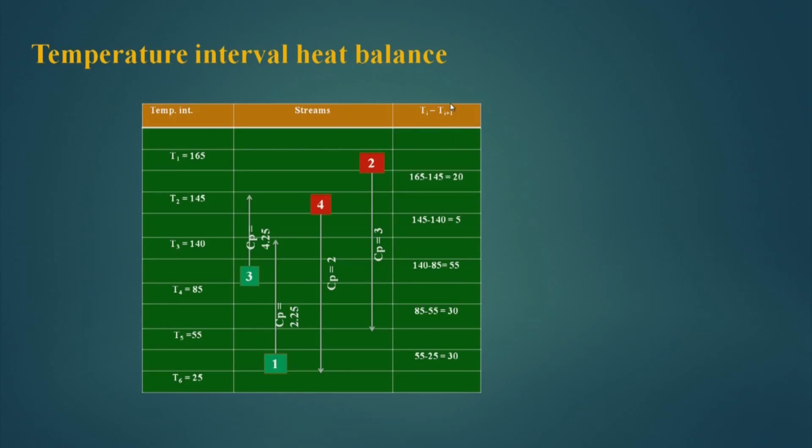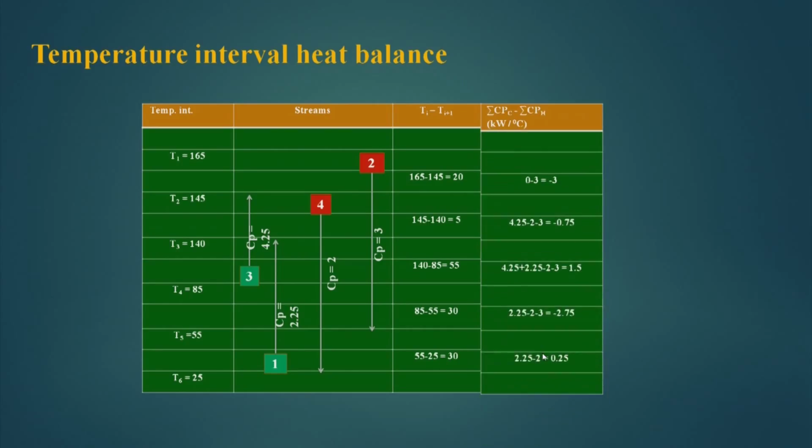So, the delta T temperature interval, the delta T is 20 for this case, 5, this case 55, this case 30 and this case 30. So, summation CPC minus CPH is 0 minus 3 here, because the CPC is 0 and CPH is 3.